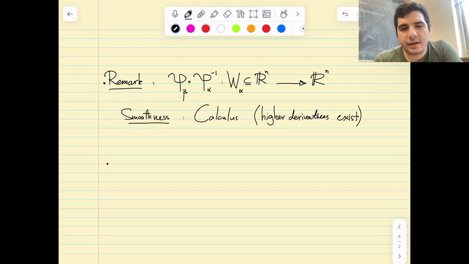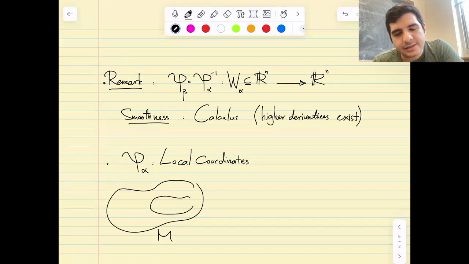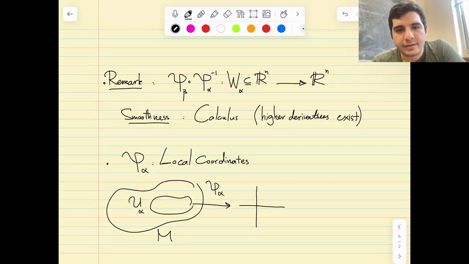The other thing to note is that these phi alpha are called local coordinates. Why is that? When we think about our manifold, let's say again schematically, this is our manifold, we pick an open subset U alpha, and then we have this phi alpha to Rn. Now the point is that any point on the manifold is covered by at least one of these open sets.